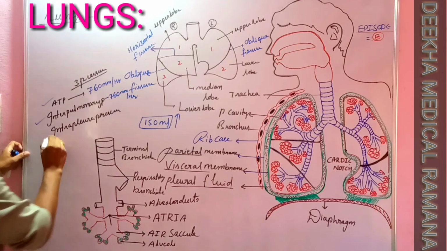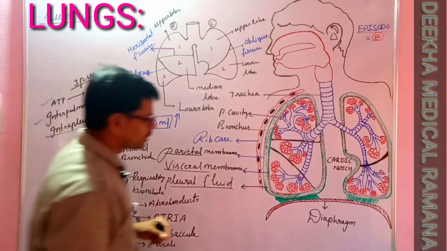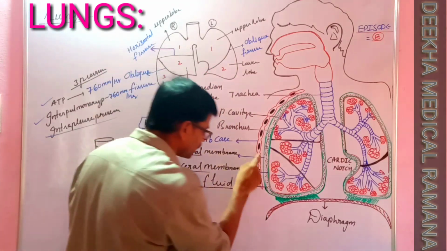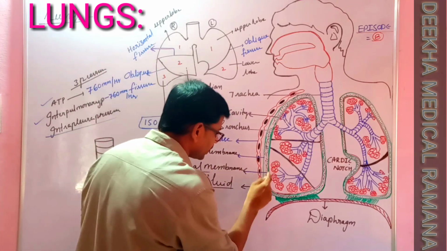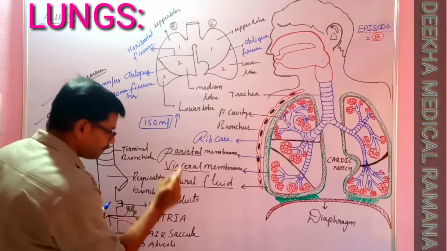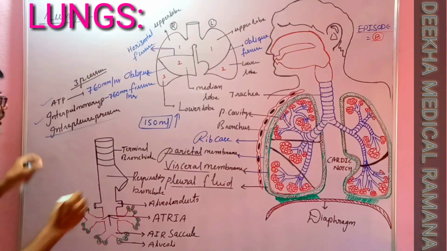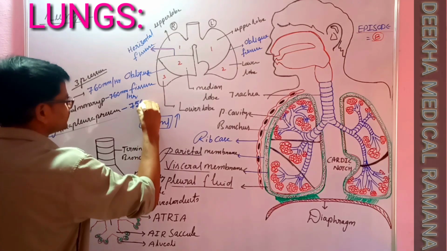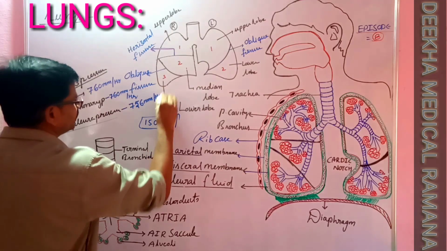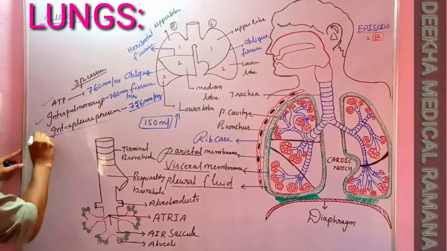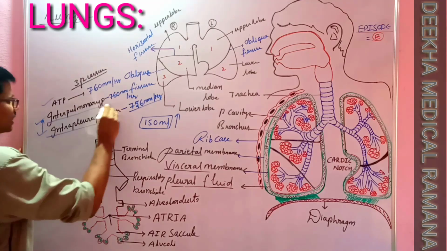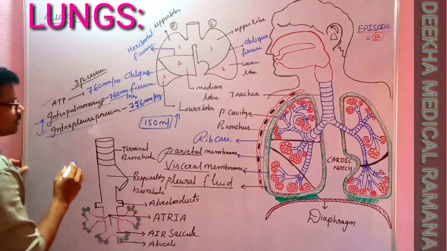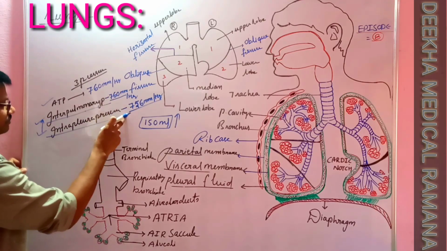But the very important thing here is the intrapleural pressure. The pleural fluid present between the parietal pleural membrane and visceral pleural membrane creates a pressure, and this intrapleural pressure is always 756 mm of Hg. That means the intrapleural pressure always depends on the interpulmonary pressure. For example, if the interpulmonary pressure is 760 mm of Hg, the intrapleural pressure must be 756.